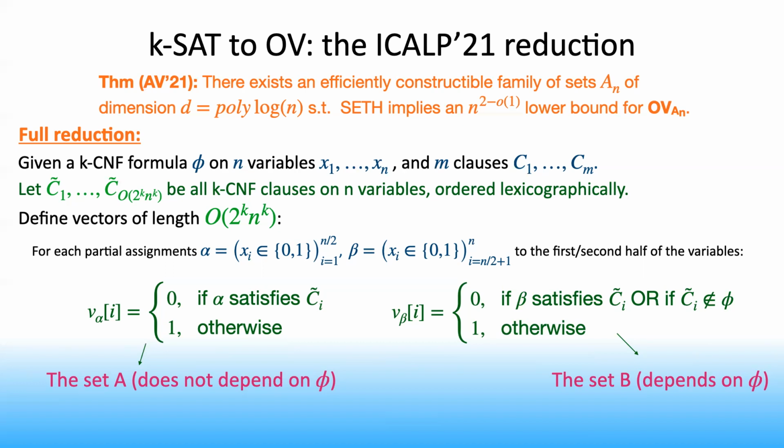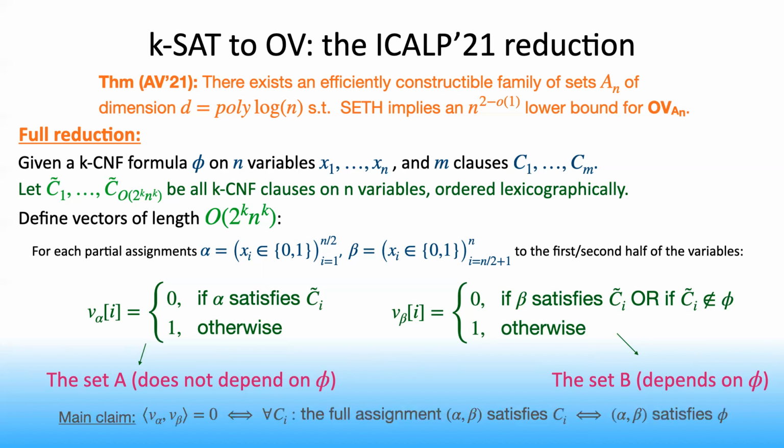So the ith coordinate is set to 0 if either of the two conditions happen: either beta actually satisfies the clause, or this clause, C tilde i, is not actually in the input formula phi, in which case we also put a 0. And the same key claim from before still follows in pretty much the same way.